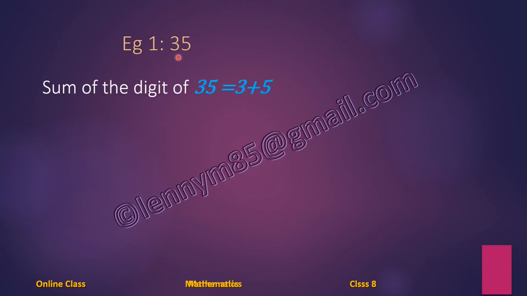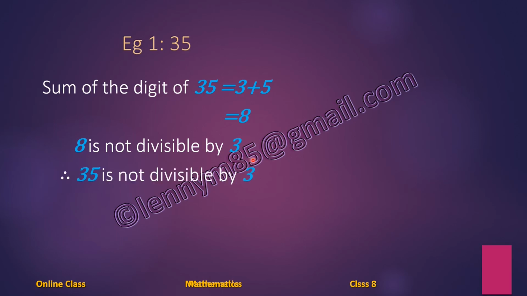Let us consider two examples. Example 1: 35. Sum of the digits of 35 is equal to 3 plus 5, that is equal to 8. 8 is not divisible by 3. Therefore, 35 is not divisible by 3.